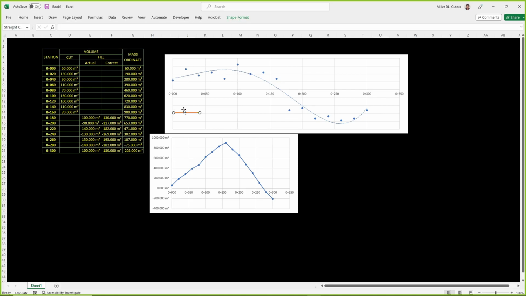Okay, this. So, basically, this means it is per station, which is 20.